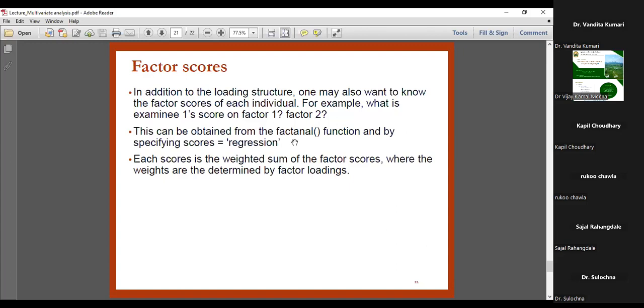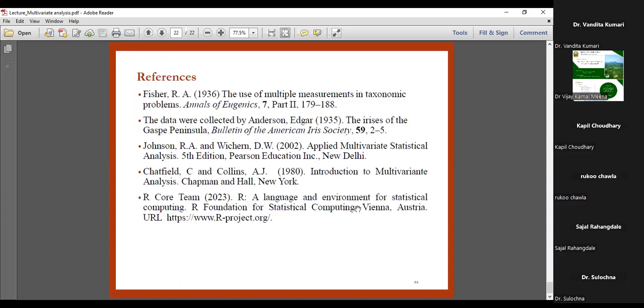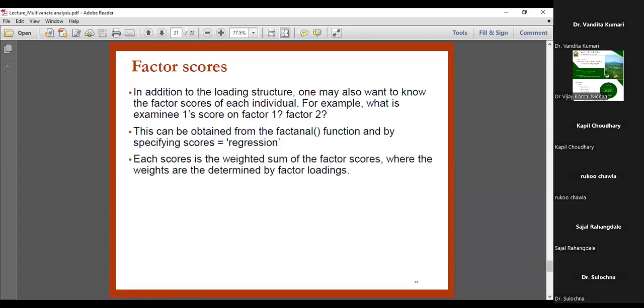And as I have mentioned, the factanal function is used to perform factor analysis, and scores can be found by using the regression. Scores is equal to regression. And what is each score? Each score is the weighted sum of the variables, where the weights are determined by the factor loadings. So the factor loadings are used as weights multiplied by the variable value to get the factor scores. This is all about multivariate analysis.